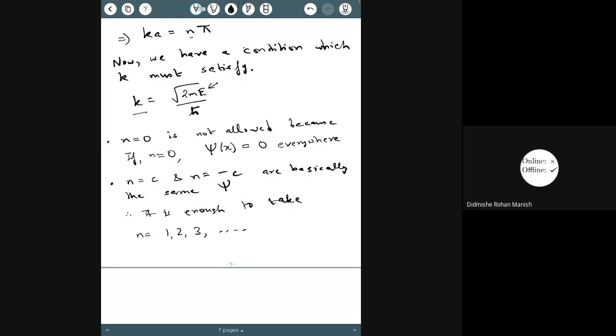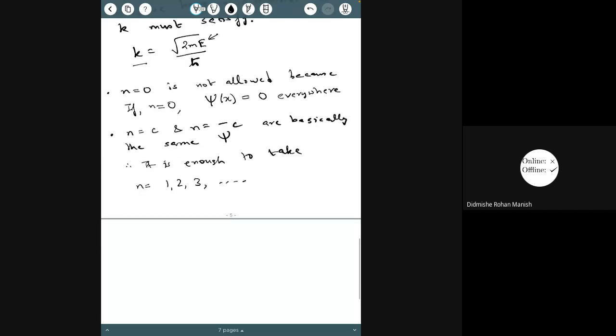So now the next step remains to find out A. So let's see how to find out A. Now for this we have to use something else. We have to use the fact that psi is normalized.